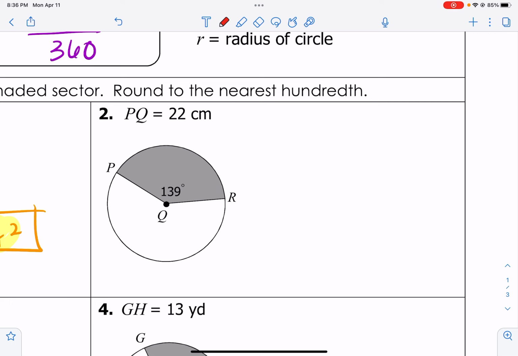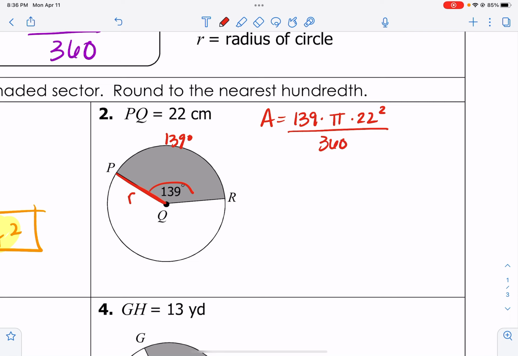So in most cases, you're going to be given the radius or the diameter. Here's PQ. Here's my radius. Here's the central angle, which means that the arc is the same thing. And now we just plug it in. Area equals 139 times pi times 22 squared divided by 360.